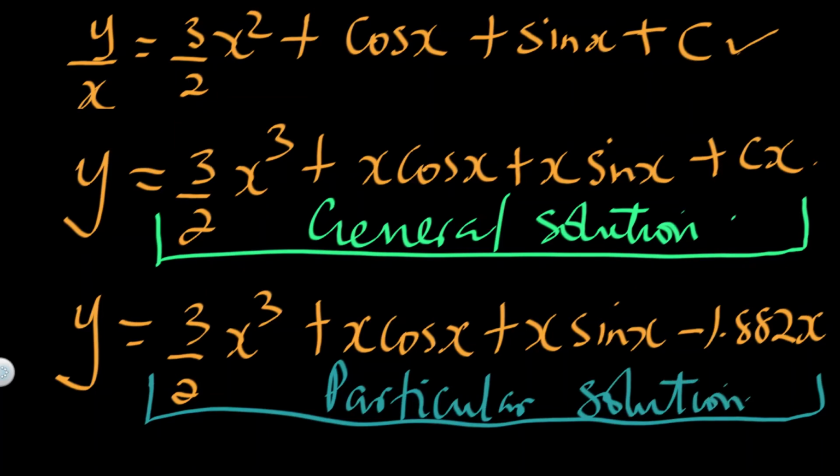Now I have solved the differential equation. And as I said before, when you're solving a differential equation, you are getting rid of differential coefficients. It is called a differential equation because it has differential coefficients. If you have solved it, you have removed differential coefficients. That's what we have. It is called a general solution if it contains the general constant called c. But it is called a particular solution if we now have the value of c.